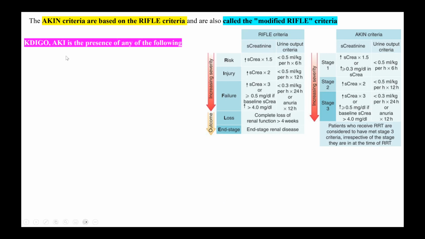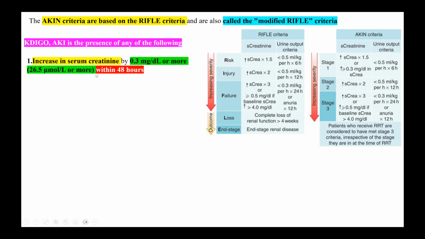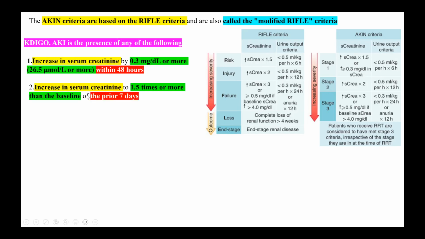So KDIGO AKI is the presence of any of the following. Again, an increase in serum creatinine by 0.3 milligram within 48 hours, or an increase in serum creatinine 1.5 times from the baseline in the prior 7 days, or urine volume less than 0.5 at least for 6 hours.